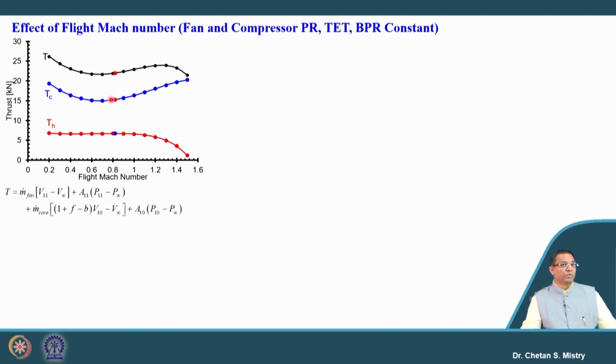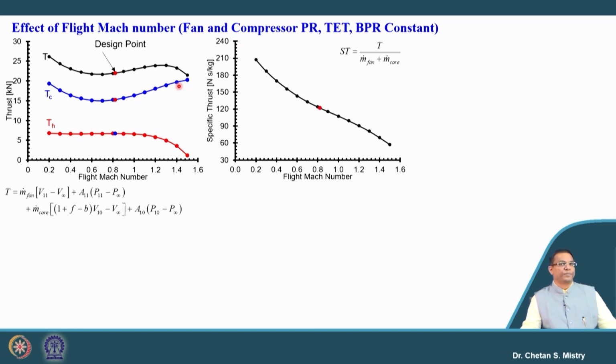Just realize one thing: what we mean by change of Mach number is that it will have an impact on my mass flow rate and on my velocity, and that is the reason we will be having a reduction in cold thrust, and in the later part an increase. In overall sense, we can say for this design condition of 0.82, with increase of flight Mach number, the thrust will be reducing.